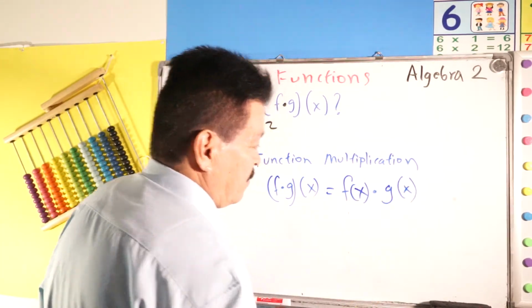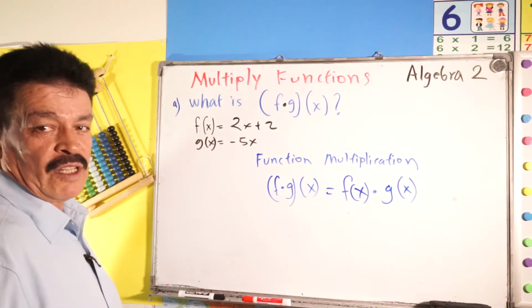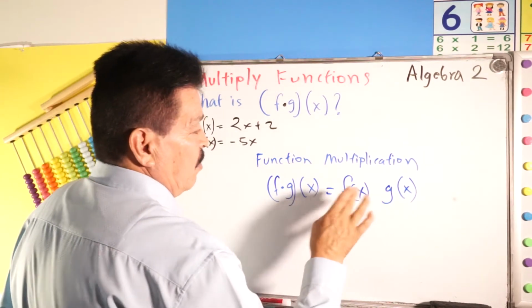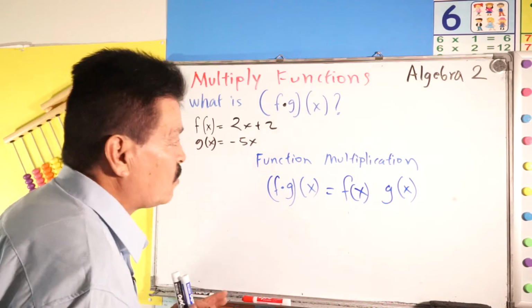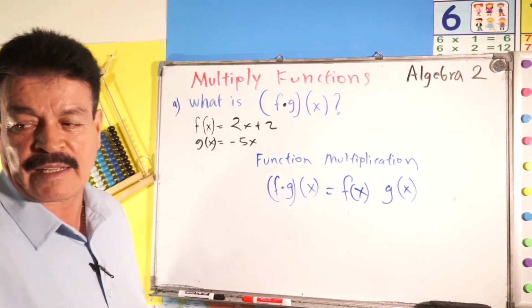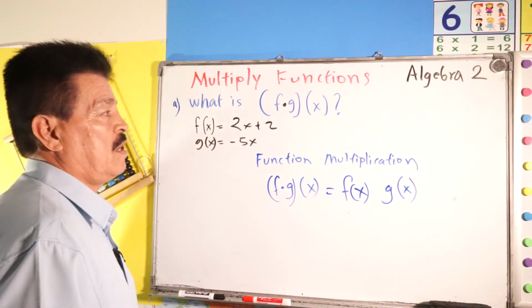So that's it. It's a very simple rule. It's not confusing. It's not complicated. It's very simple. All right.